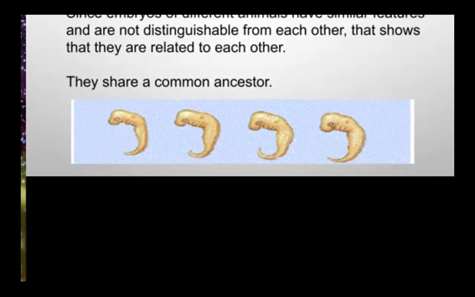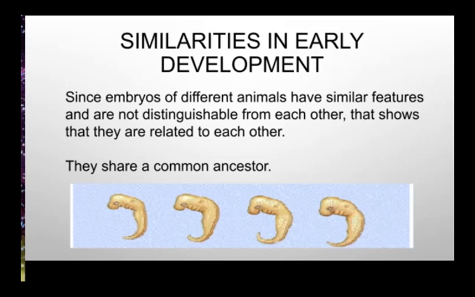And let's go here. So again, we see that embryos all have very similar traits. They have eyes, gills, tail. And it's almost impossible to distinguish one from another in the very beginning. Now, as you saw in the video, as they develop further and further, some diversify very quickly.